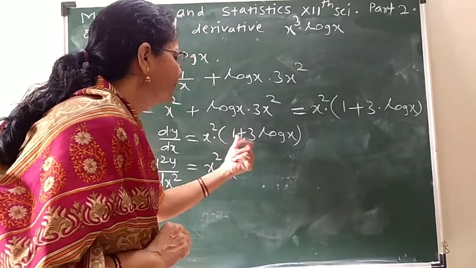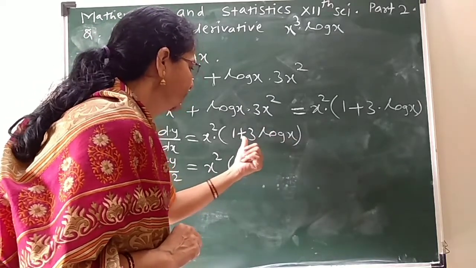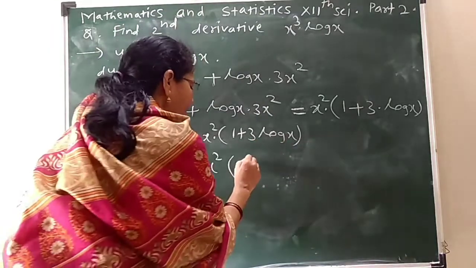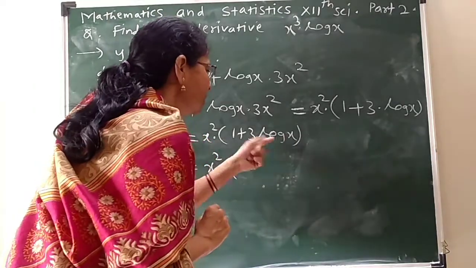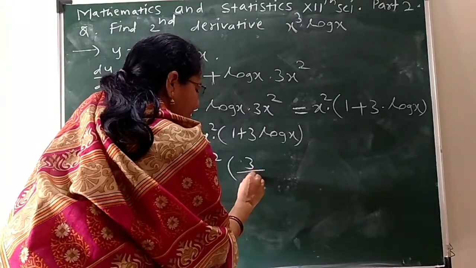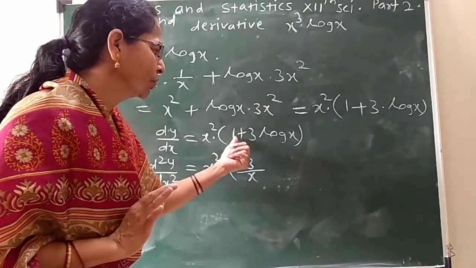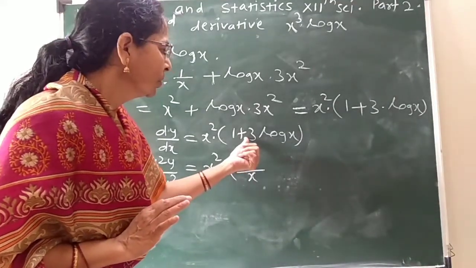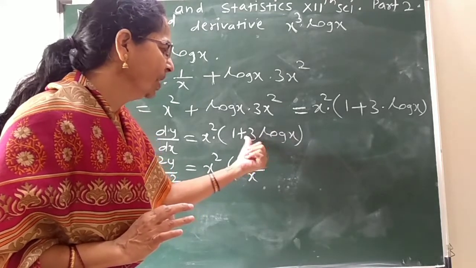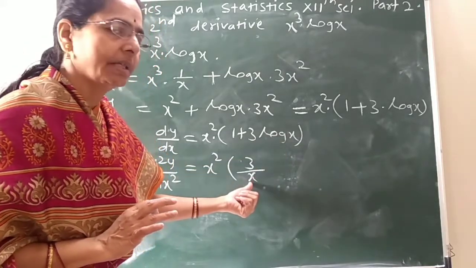Derivative of 1 is 0, so 0 plus something: the derivative of this term is 3, constant, and the derivative of log x is 1 upon x.